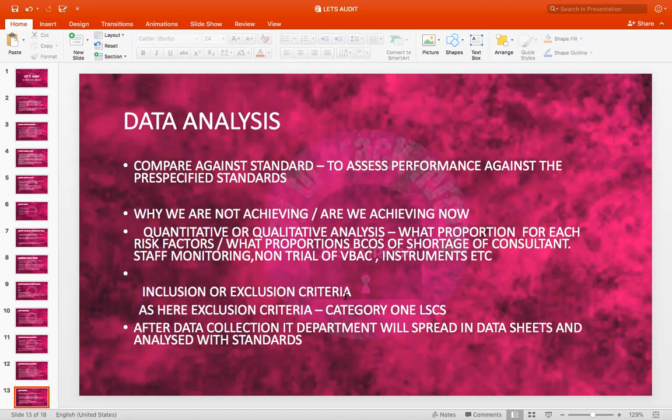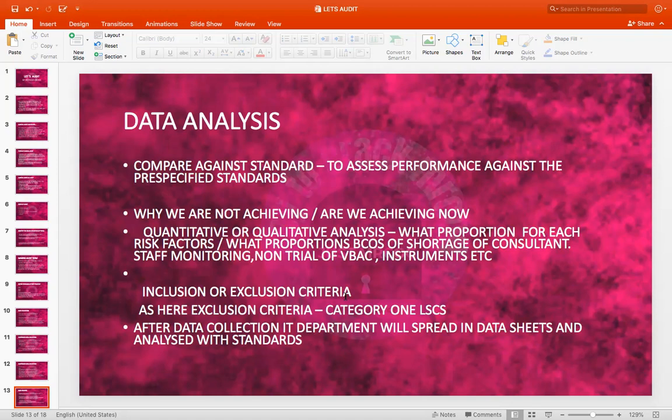If you are not able to point out, as here we are able to point out that category 1 cesarean, we will take it as exclusion criteria, that we will not talk about it when we talk about increasing cesarean section, and we will fill the performer. We will not fill any patient who has undergone category 1 cesarean.